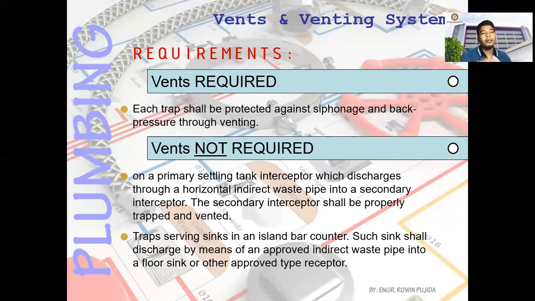Sometimes, if you don't have the vent system, you can use the apparatus called a studor. You can have a studor in your sink. If ever you have a bar counter, since you cannot have vent pipes because you have the island, you can use a studor.